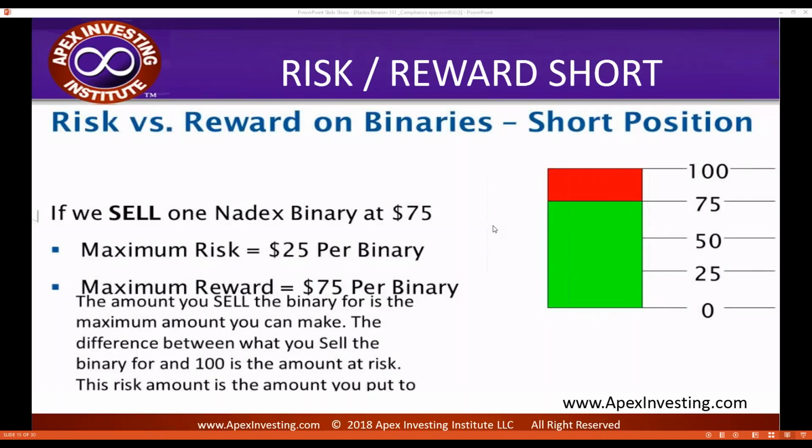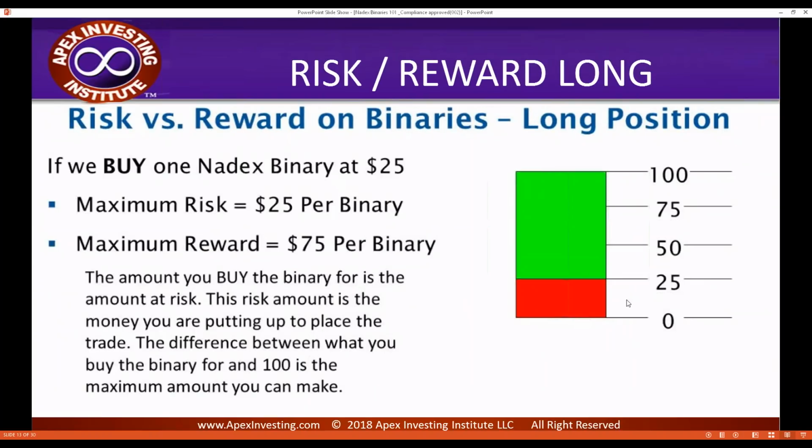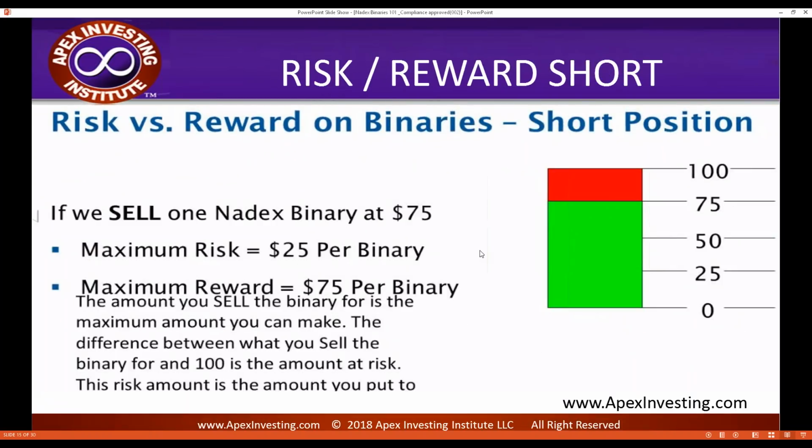Remember on the buy side, it was different, right? On the buy, our risk was from where we buy down to 0. You just have to kind of flip it around in your head. If we sell, our risk is from where we sell up to 100. So if I sell a binary at 75, my risk is from where I sell, 75, up to 100. So my risk is $25.